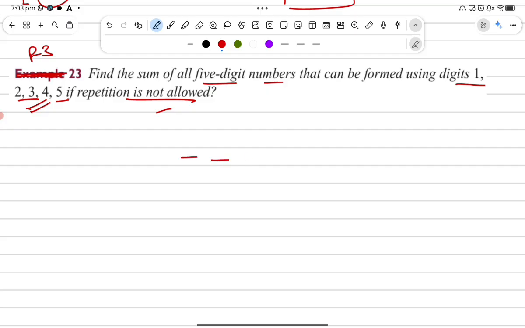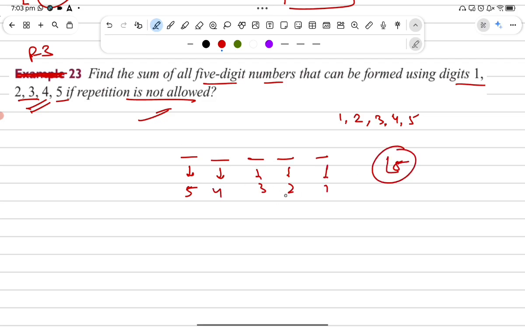You've got 5 positions to fill and 5 choices to choose from. So for this, you'll have 5 options, right? For this, you'll have one less since repetition is not allowed. For this, 3, 2, and 1, 5 factorial. You'll multiply, right? You have to fill all the positions.